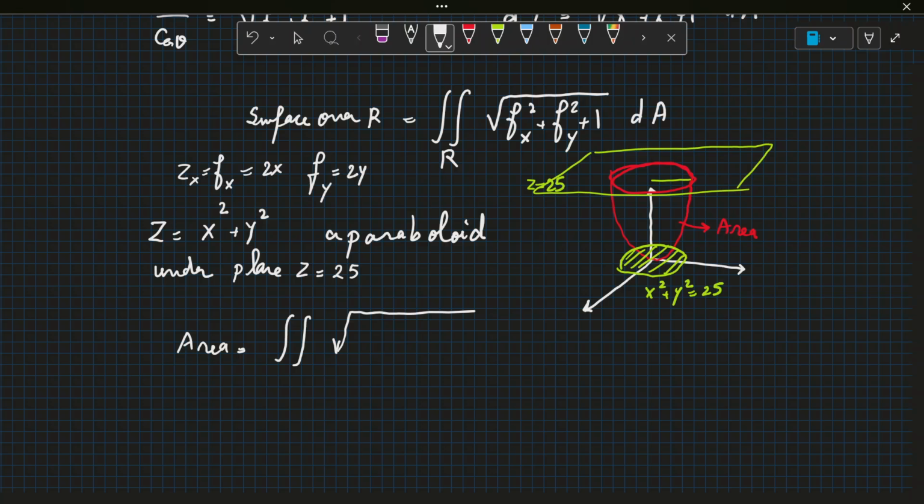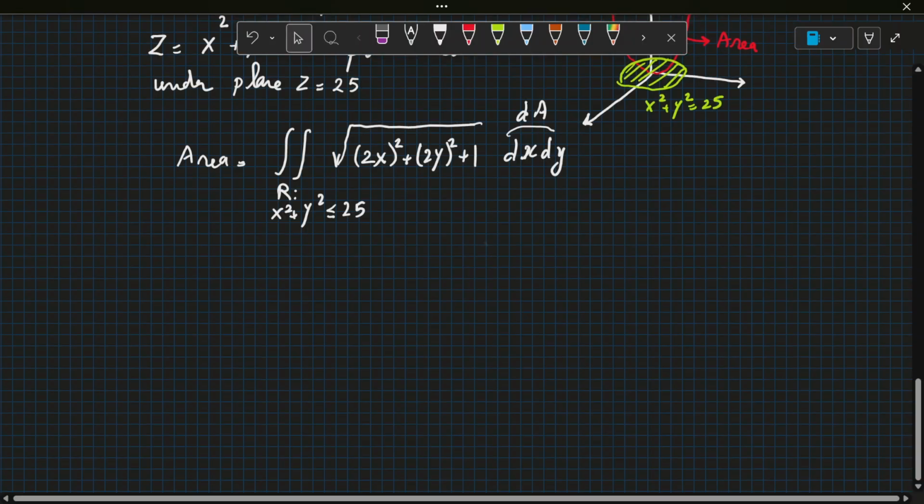So I'll have 2x squared plus 2y squared plus 1, with the element of area dx dy. That's my element of area dA. And the region R is given by x squared plus y squared less than or equal to 25. The interior of that circle is what we are after.